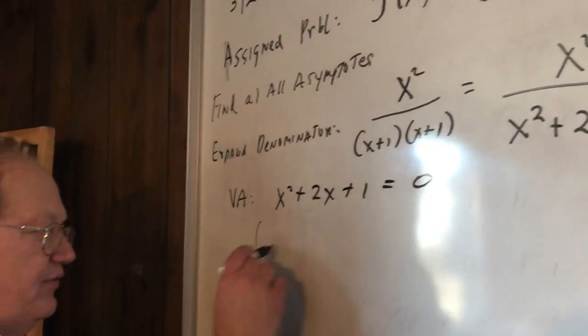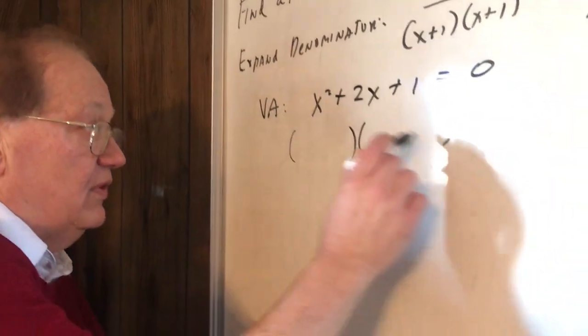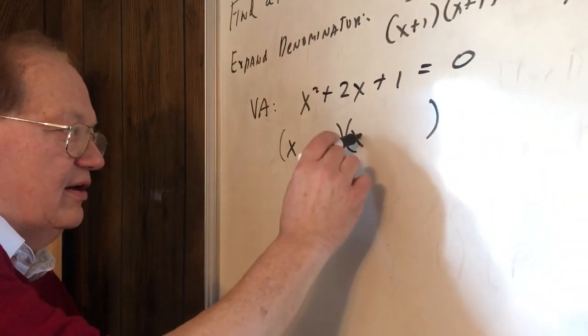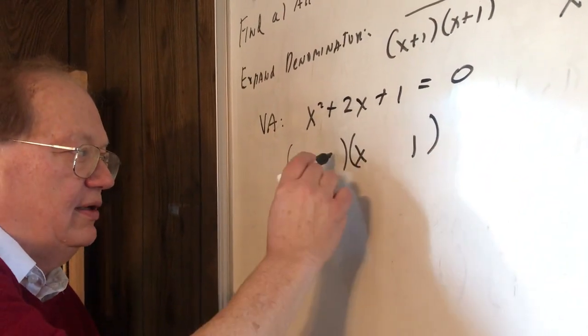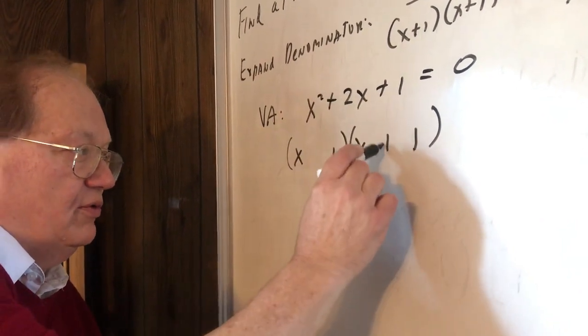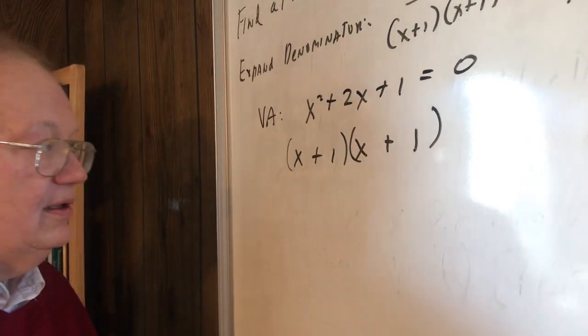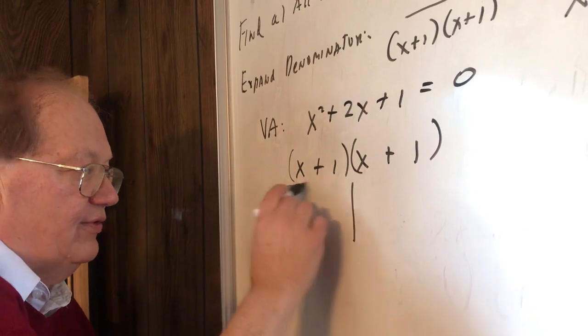So let's solve this just by factoring it. So we get an x here and an x here. 1 times 1 is 1. And we have a plus 2, so we just do like that. And what we get here, actually the same answer.